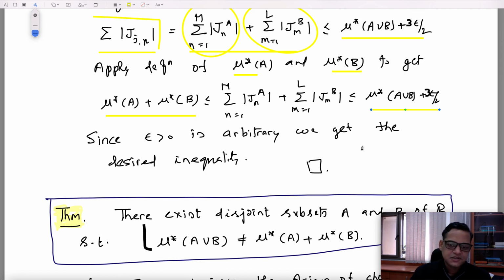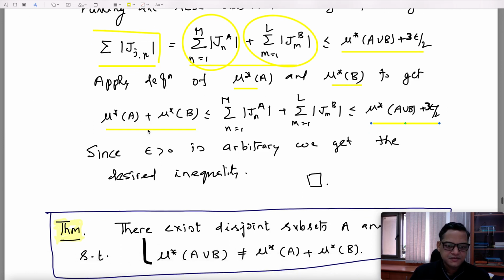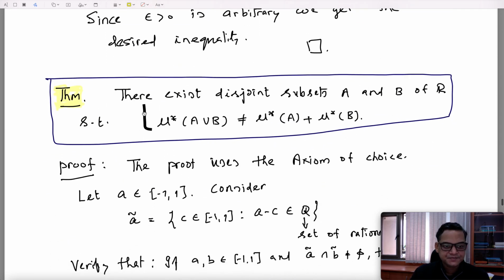Okay, so this is one instance where you can always guarantee that the additivity property for the outer measure holds.